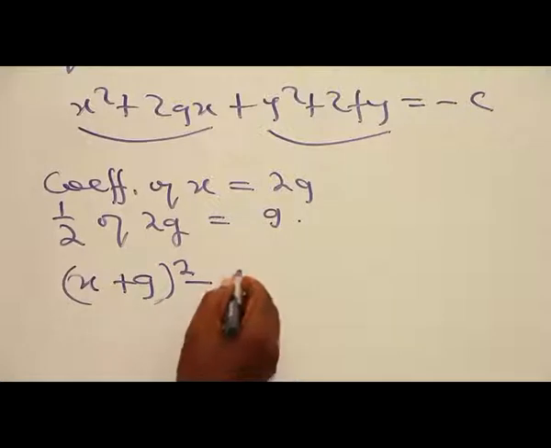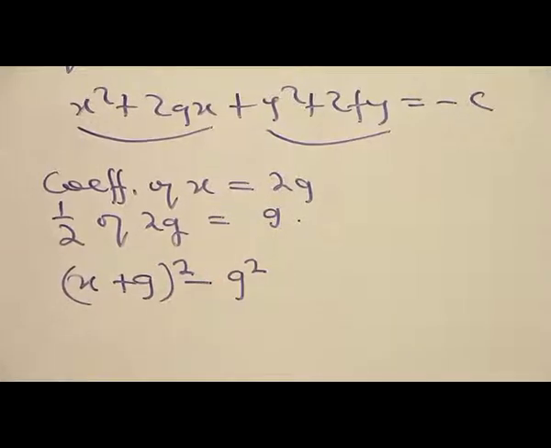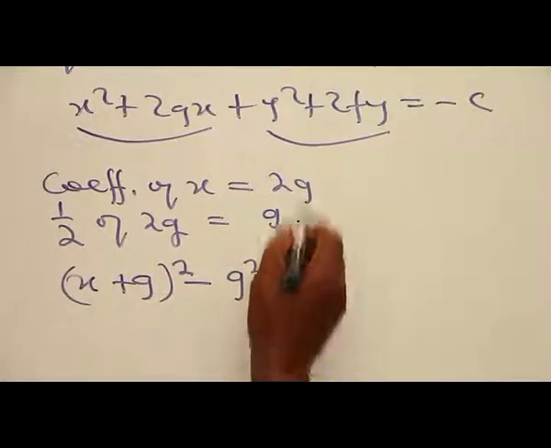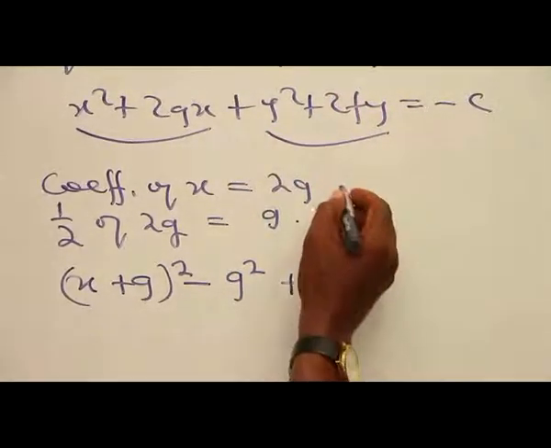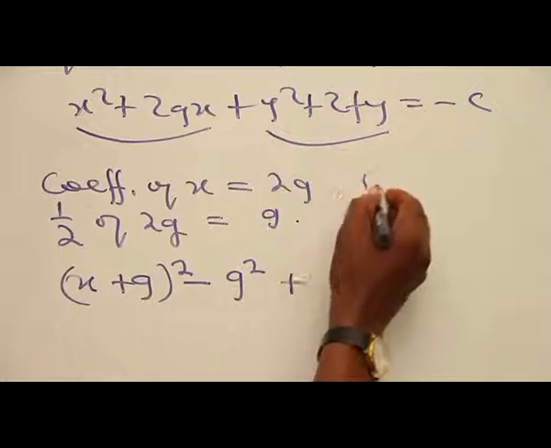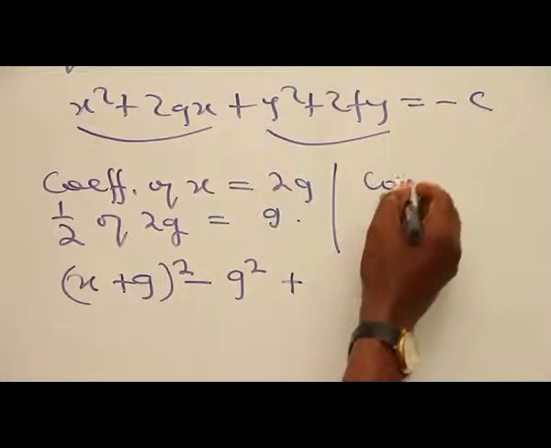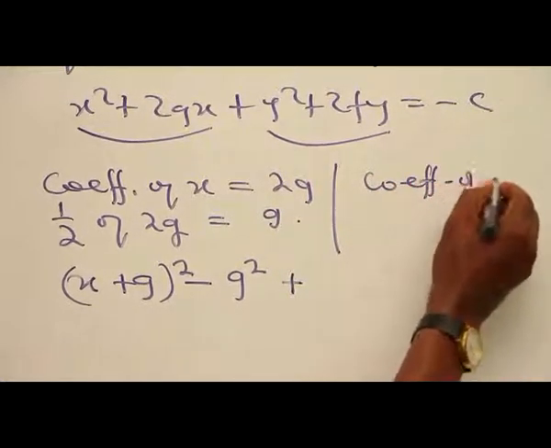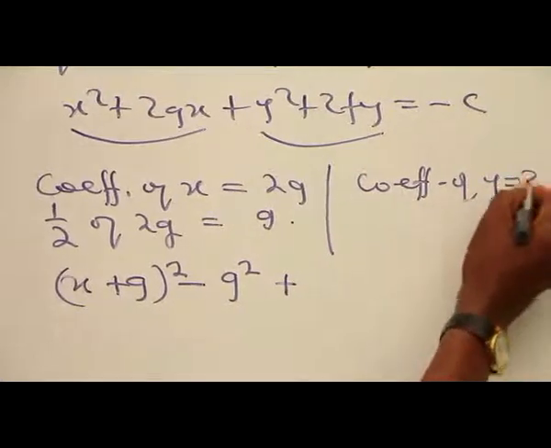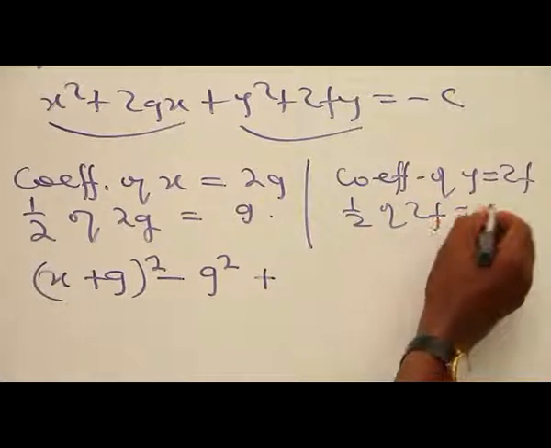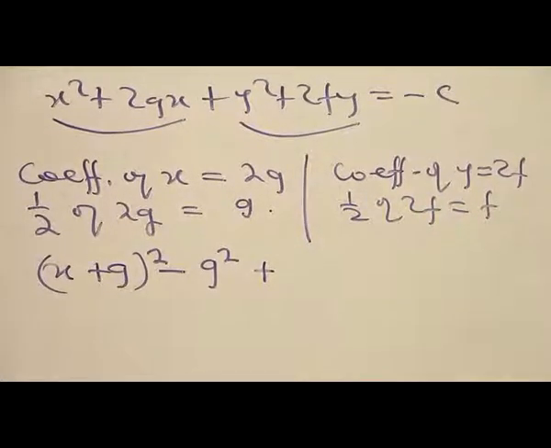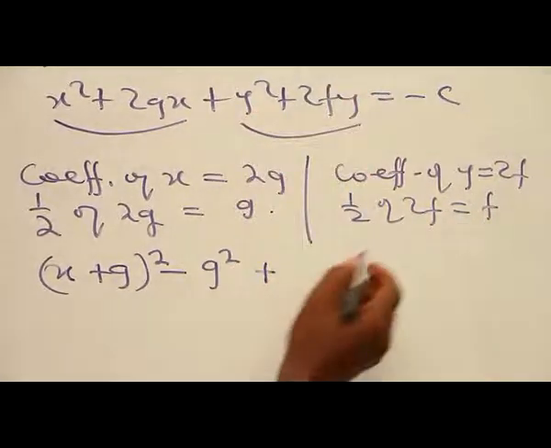minus the square of G. We do the same thing to this one, where the coefficient of Y is equal to 2F, and half of 2F is equal to F. So we also complete the square using this.